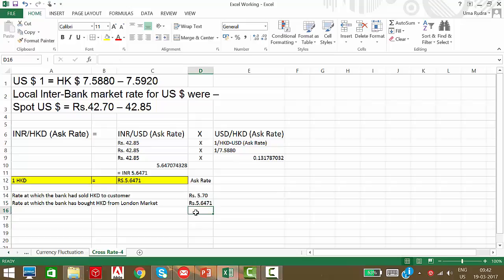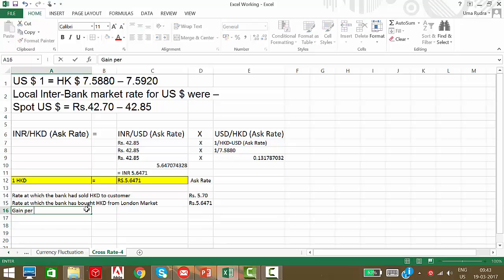Definitely he is gaining. Who is he here? The bank. The bank is selling to its customer at this rate, 5.70 INR. The bank, covering itself from the London market, is buying back Hong Kong dollar at this rate, which is 5.6471. So definitely a gain, right?